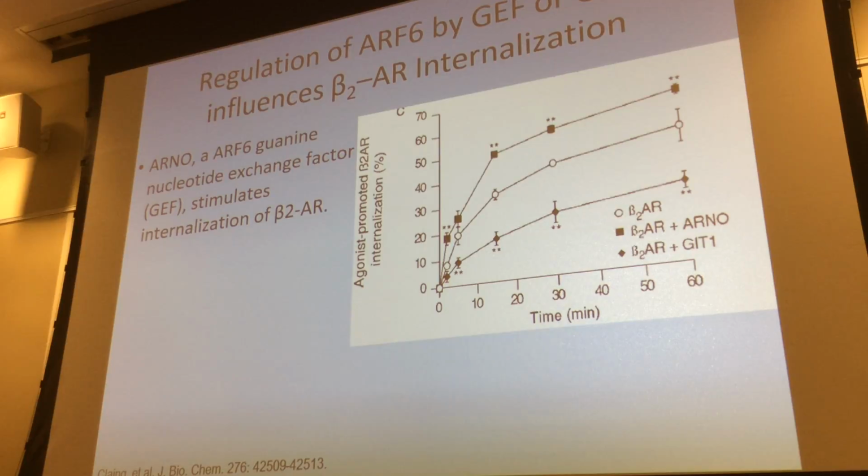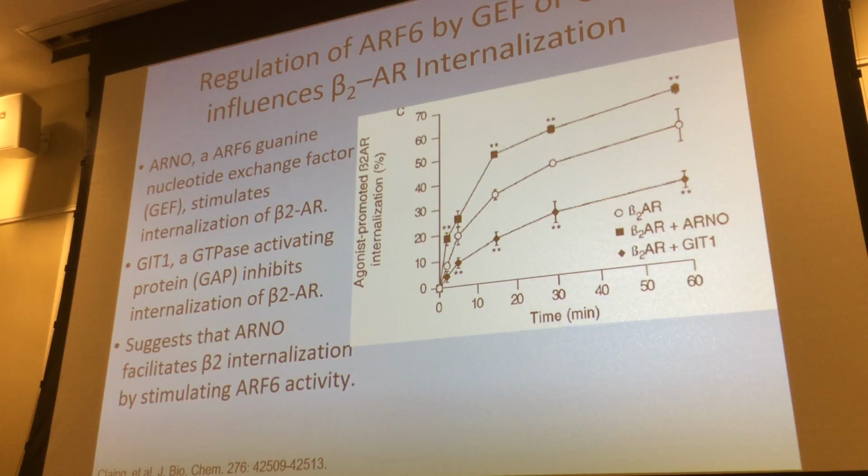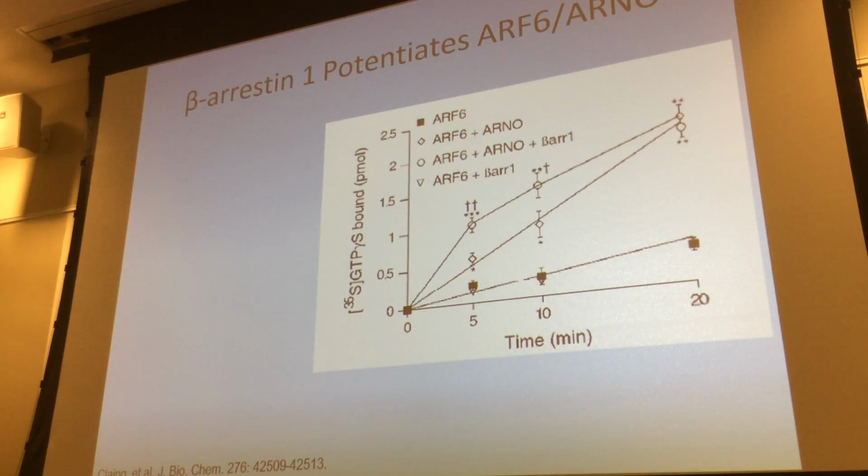And our GIT is our GTPase activating protein, and that inhibits the internalization. GIT is this one down here, and the squares are the RNO. So you can see by modifying the activity of our ARF that we can see changes in our internalization.